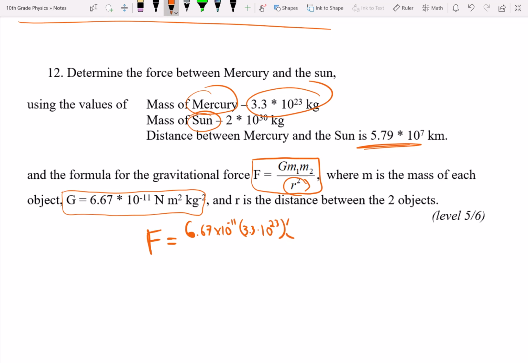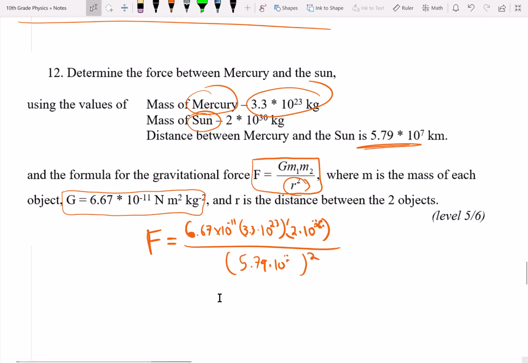And then you're going to multiply that by the mass of the second one, which is 2 times 10 to the 30th. And then you divide by the radius squared, like how far apart are they squared. So 5.979 times 10 to the 7th, and you're going to square that. And if you have a decent calculator, this is very easy to plug into your calculator.